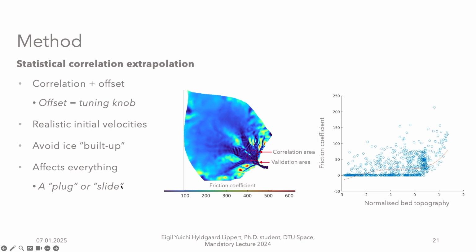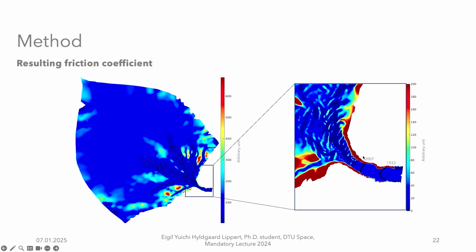But it was pretty annoying. This process was not so satisfactory from my own point of view. It's a lot of tuning, and it worked and the present-day misfit was acceptable, but it was not the best. Here you can see the actual friction coefficient field that I've extrapolated. You can see it's some kind of average with this small bedrock signal in the middle.